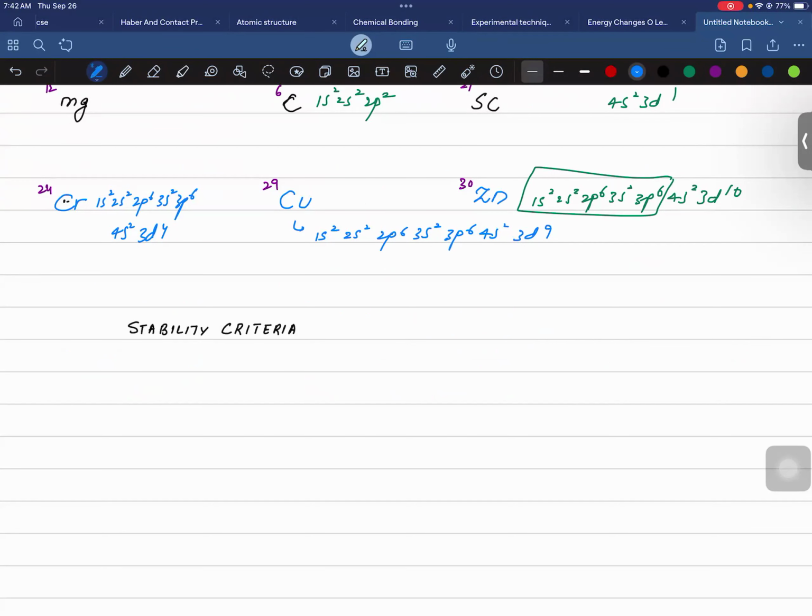Fulfilled and half filled. Both are stable, but fulfilled is more stable than the half filled.